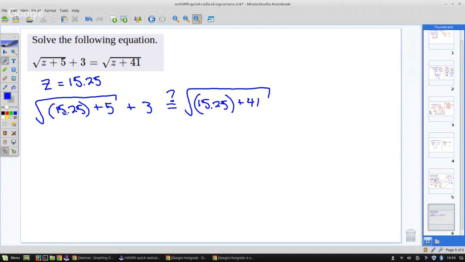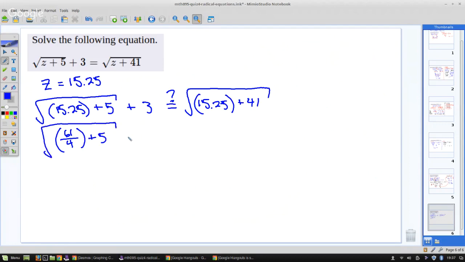Oh, I'm starting to think I want a fraction version back. It's going to be hard to do without a calculator. Yeah, I don't like that. All right, fraction version was 61 over 4 plus 5. This happens in math.